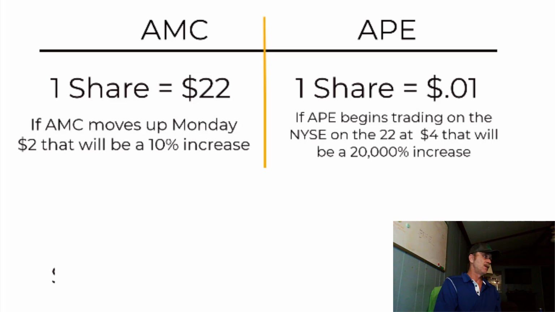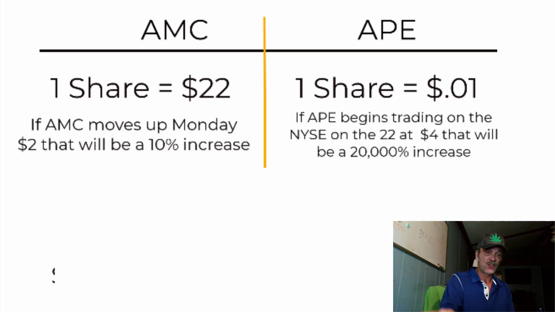Now, you have not considered how many shares of APE you have. If you have one share of APE and it opens at $4, you make $4. If you have 1,000 shares of AMC, you get 1,000 shares of APE. Then on the 22nd, your APE portfolio will be $4,000.